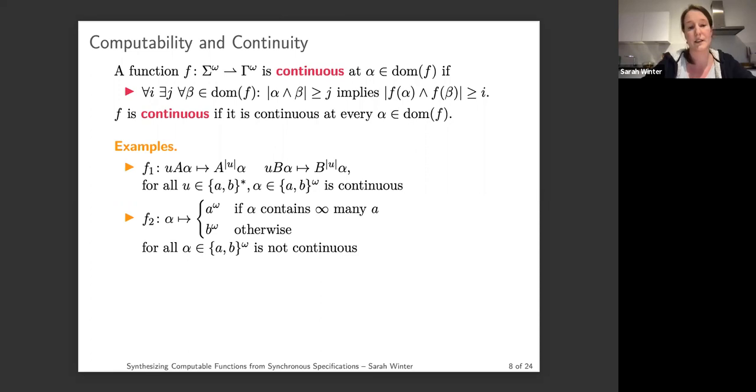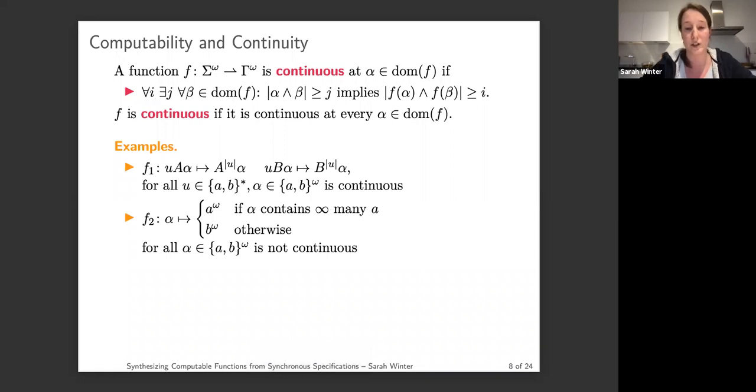And here another example: we take the function where we have input words alpha composed of just two letters, A and B, and the output can be A to the omega or B to the omega. This depends on whether the input word contains finitely many A or not. If it contains infinitely many A, then the output is A to the omega, and otherwise it's B to the omega.